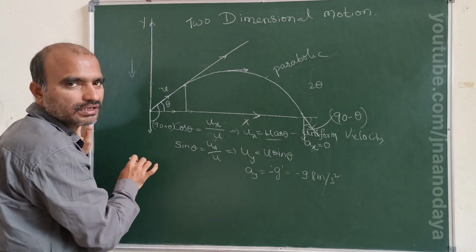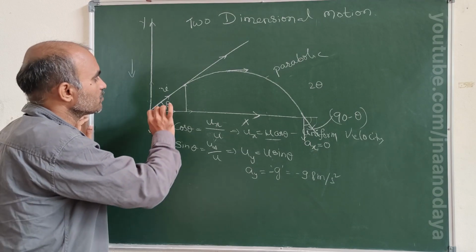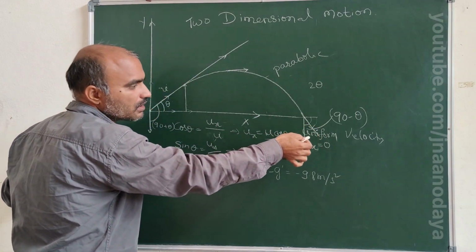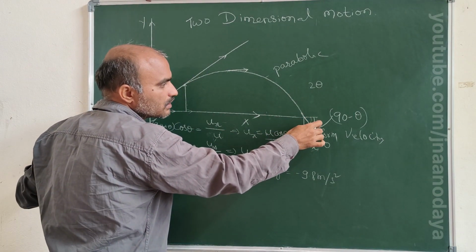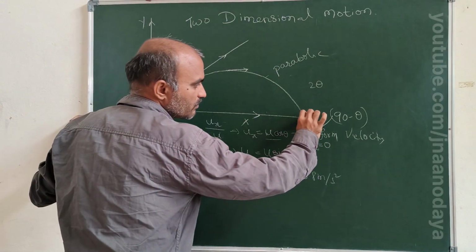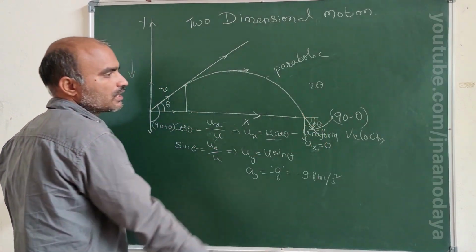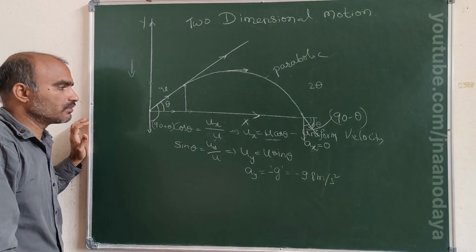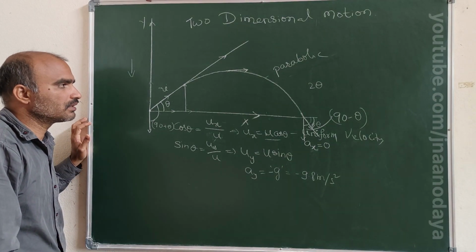If you consider here theta, the angle changes from theta to minus theta, right? So you consider the angle as minus theta, right? Because in this direction we consider the angle as negative, right?